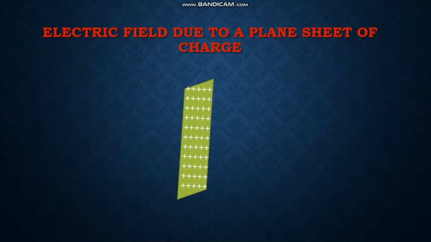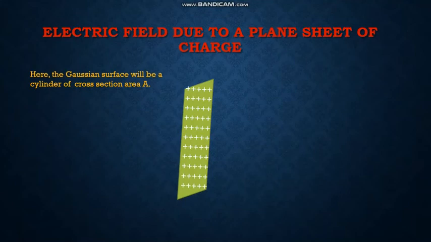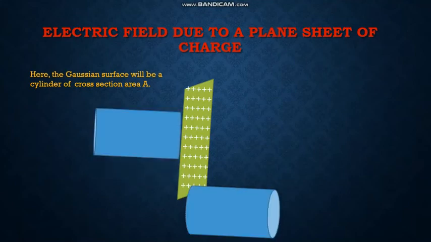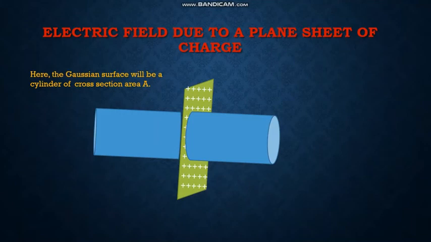We have to find the electric field due to this sheet of charge using Gauss's law. For this, we have to draw a Gaussian surface. Here, the Gaussian surface will be a cylinder of cross-section area A whose axis is perpendicular to the plane of the sheet, such that the area of the sheet enclosed in the cylinder is also equal to A.